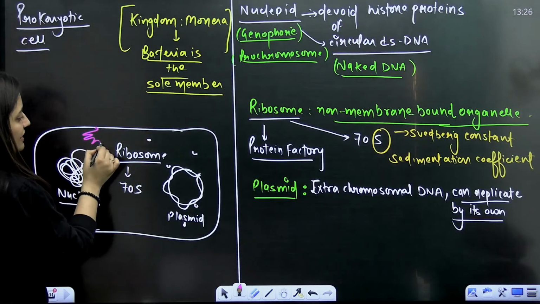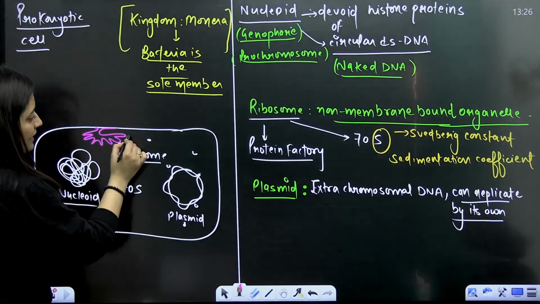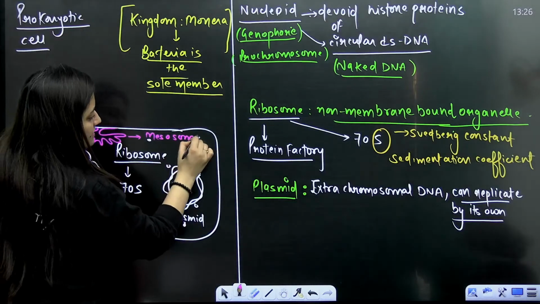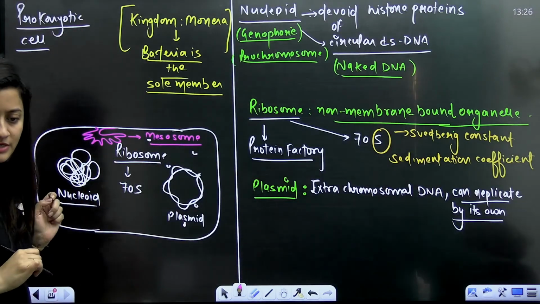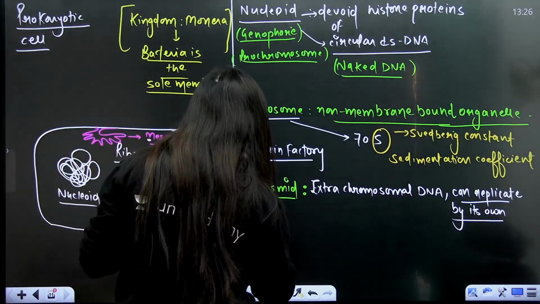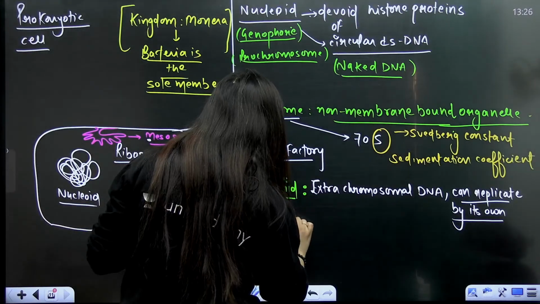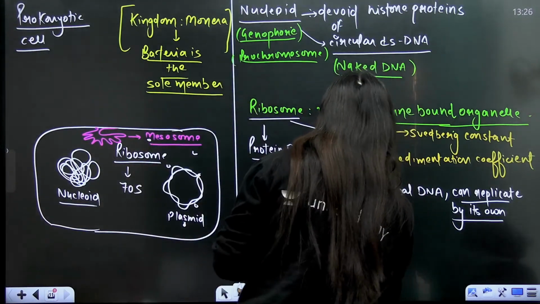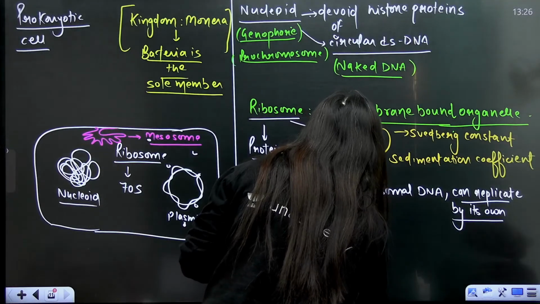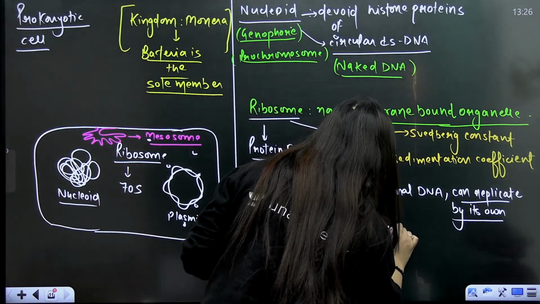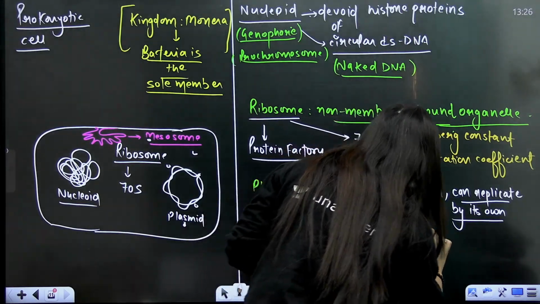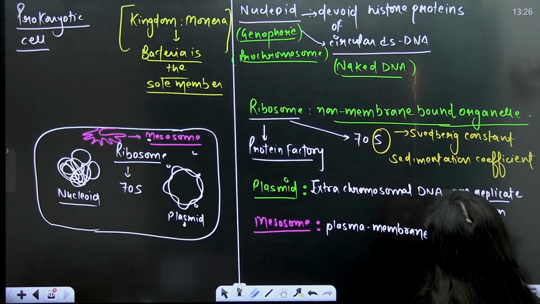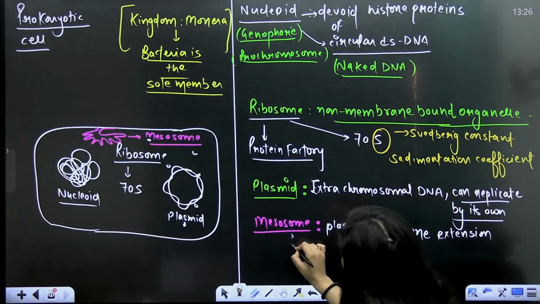Now here we don't have other organelles like mitochondria. In the prokaryotic cell, the plasma membrane will also form some extension, some infolding, the mesosome. So mesosome is an important word that we need to understand here. It's a plasma membrane extension, having different shapes. It is actually the finger-like infolding.